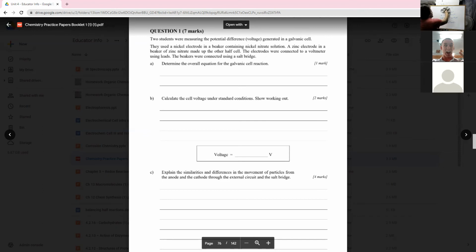So the overall equation is not your oxidation and reduction. On one side we have zinc, the other we have nickel. In this case, zinc will start off, and remember to remind me when I'm lazy, the states.